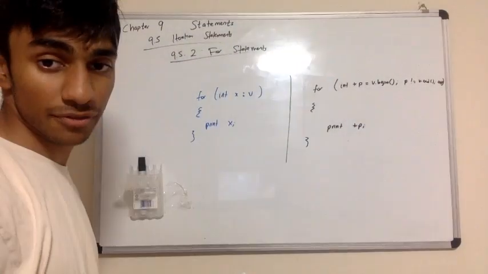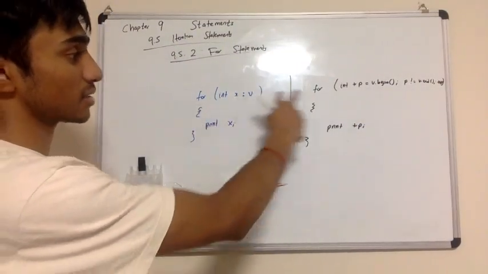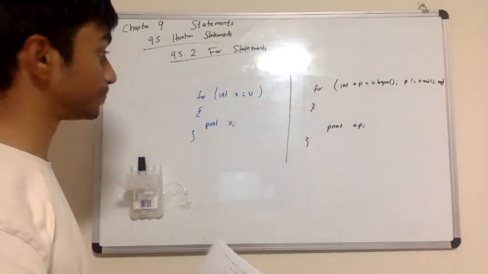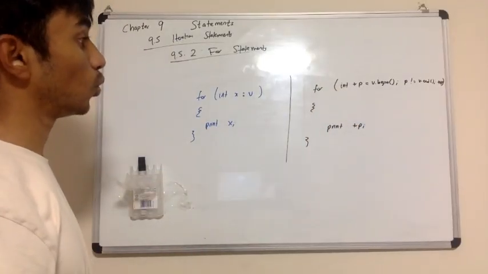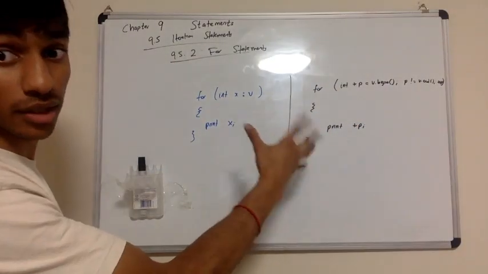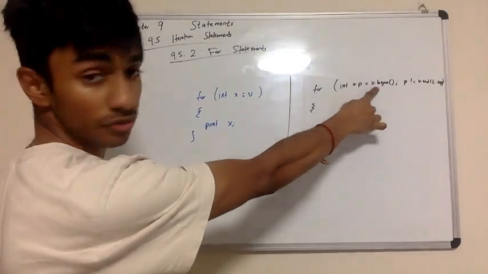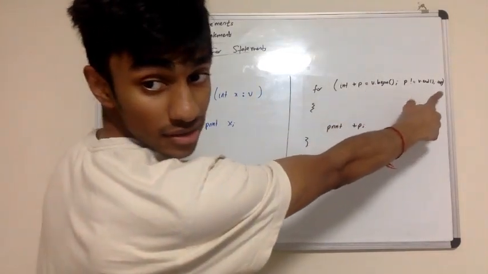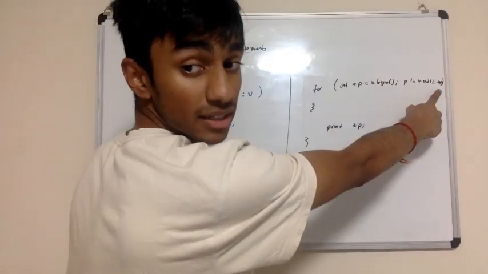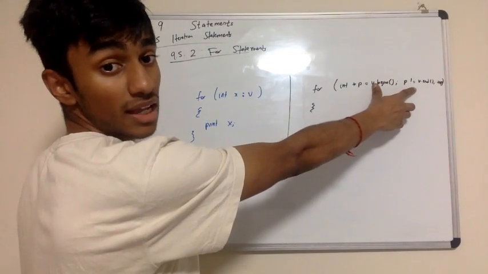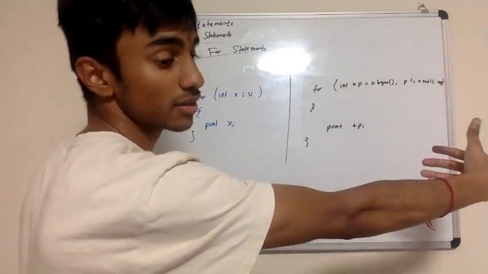Okay? So slightly different in terms of the type of variable we're using. Here we're using an x, here we're using a p. But essentially, what are we iterating through, right? The bare bones thing we're iterating through, we're starting with the first address, and we're incrementing, that's the plus plus p, we're incrementing p until we reach that last address, that address that just goes past the vector.